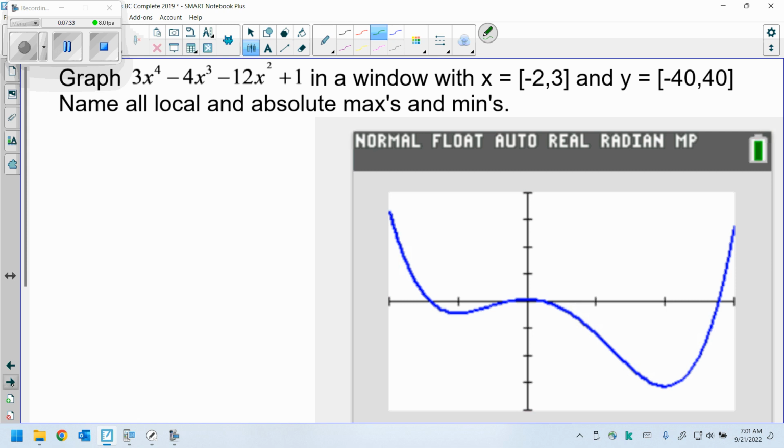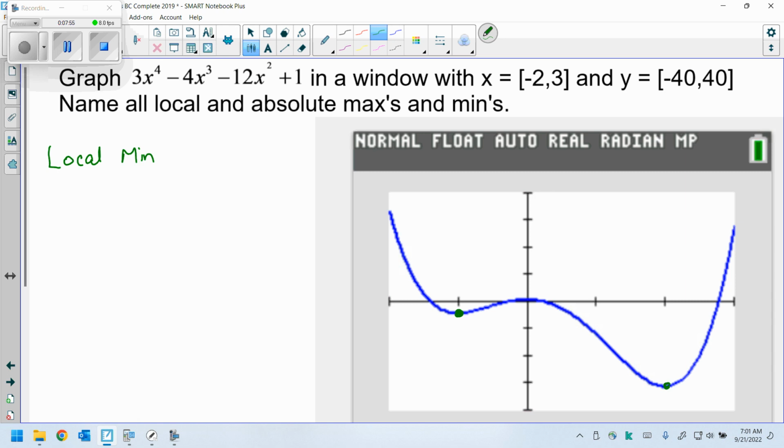All right, I would like to find local mins. Now, local min's the bottom of a hill. I have a bottom of a hill right here, which appears to be at -1, but I'm not positive. I got a bottom of a hill here.